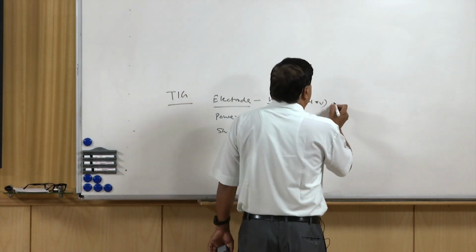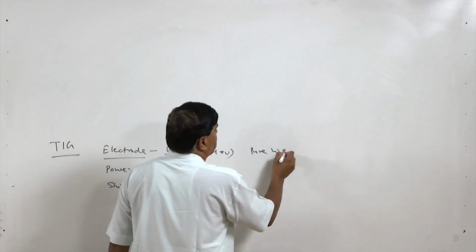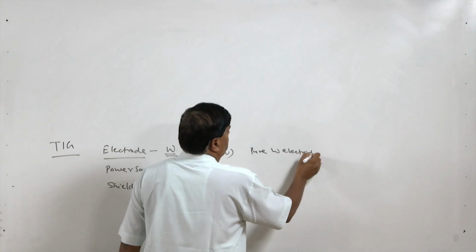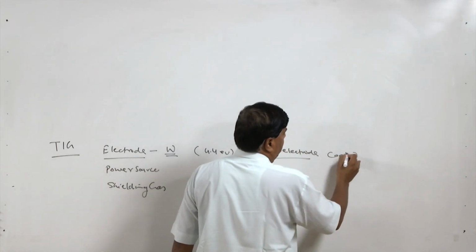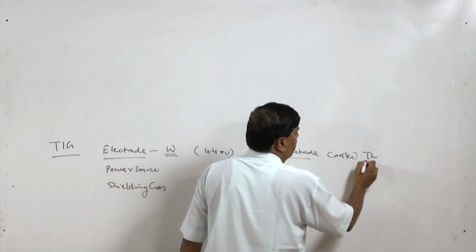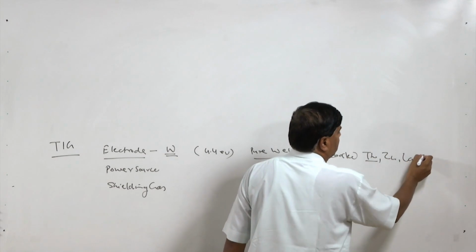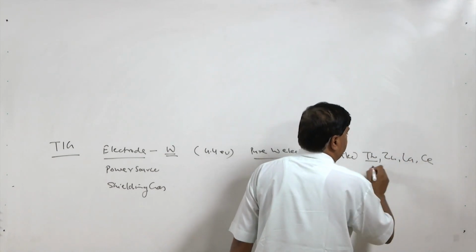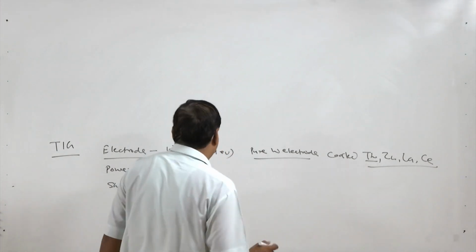So, frequently the pure tungsten electrodes are coated with low ionization potential elements like thorium, zirconium, lanthanum and cerium. These have significantly lower ionization potential.